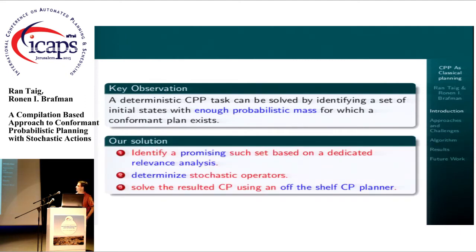So our solution combines a few techniques and includes 3 stages. In the first stage, we identify a promising set of those initial states. This is the restriction stage, and we do it using relevance analysis. To get rid of the stochastic operators, we use determinization. And we get a deterministic conformant planning problem that can be solved by an off-the-shelf conformant planning solver.